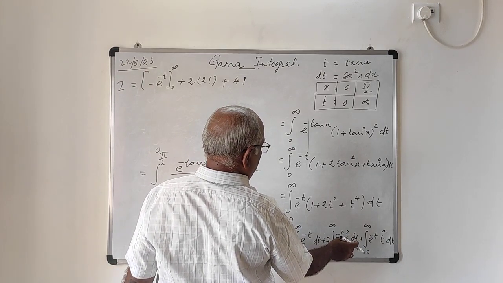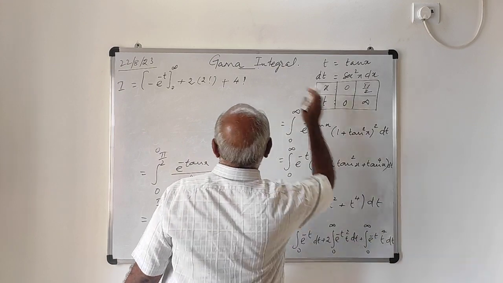Therefore e power minus t into t square gives 2 factorial, and e power minus t into t power 4 gives 4 factorial.